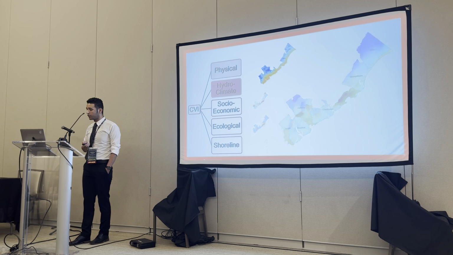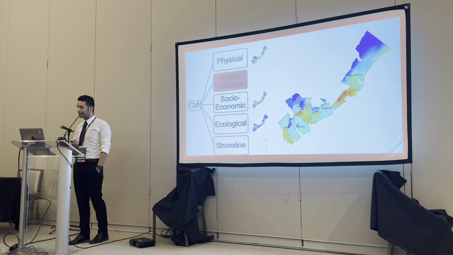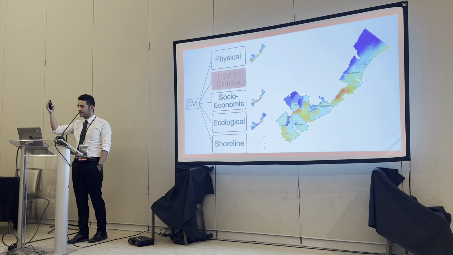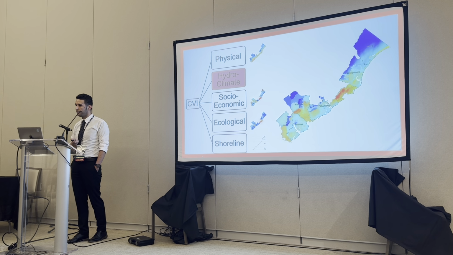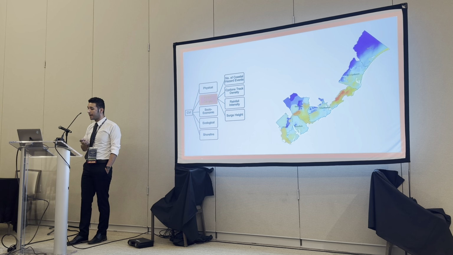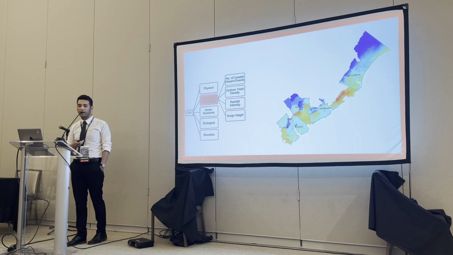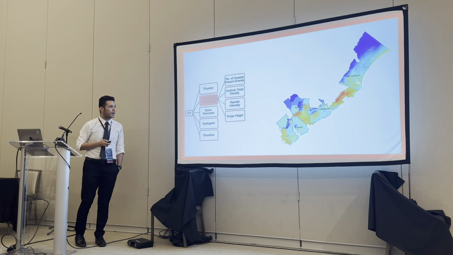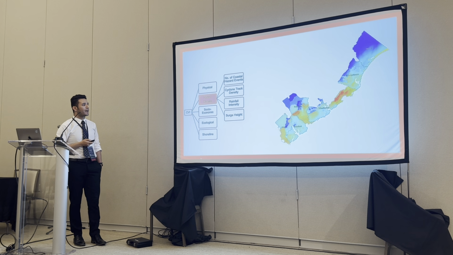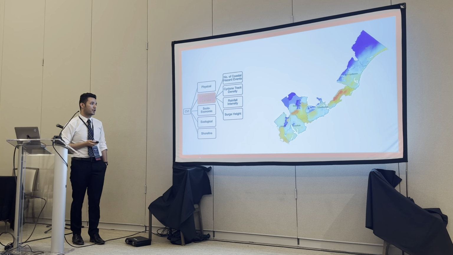But in the hydroclimate vulnerability map, we can see that the northern part of Charleston has a much higher vulnerability index compared with the southern part, right? For this one, we used 4 different factors: number of coastal hazard events, cyclone track density, rainfall intensity, and surge height.